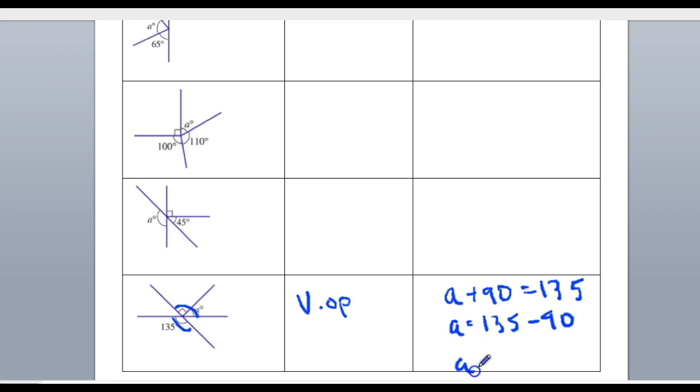So vertically opposite, so A plus 90 is equal to 135. So there's 135, there's a 90-degree angle, and there's A. So what do I add to 90 to get to 135? You can say, well, 135 take away 90 will give me that answer. I have to add 45 degrees.